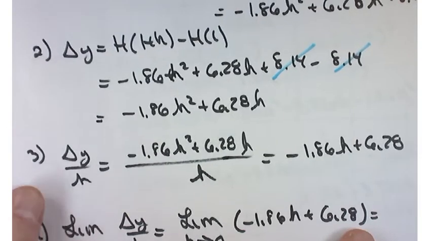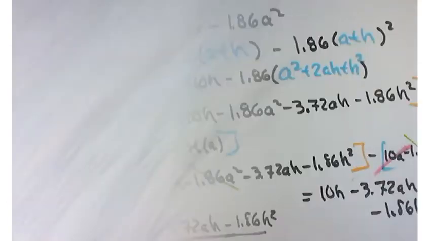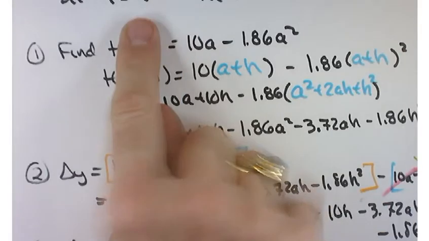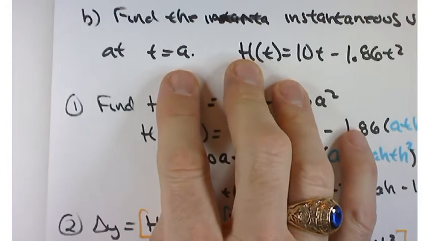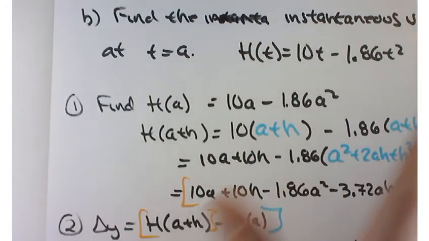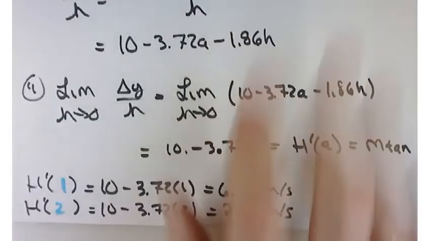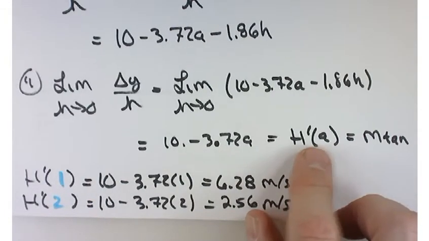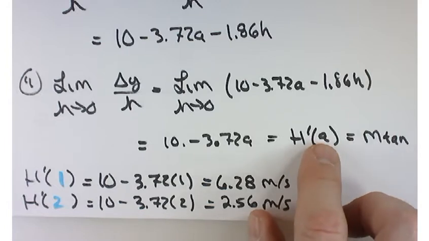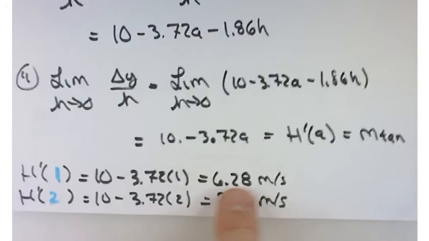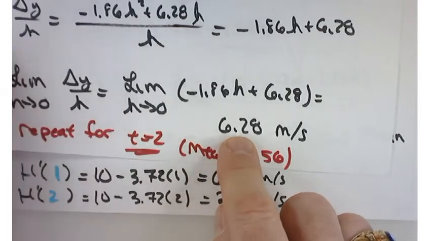It'd be a real pain. But what we did was we did it for a general value, called it a, and said, okay, we'll just do it for this general value. And now when I get down to the end here, I've got this function that'll tell me what the slope of the tangent line is, whatever value I want to choose for a. So I did it for 1, and I got 6.28, which matches the 6.28 that we got here.